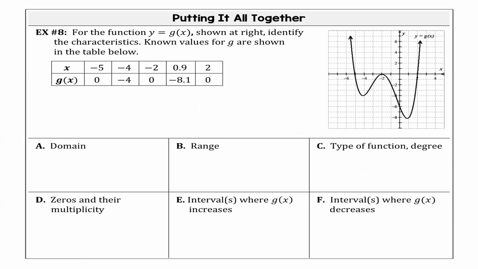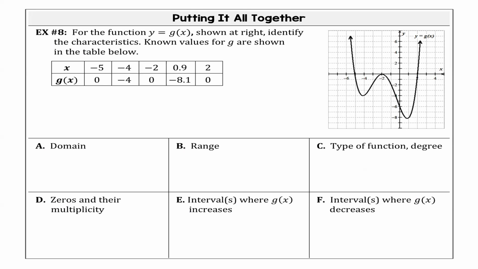All right, so this is tying your prior knowledge and current knowledge all together. So here we have function g of x shown on the right on the graph, and its values are also on the table.